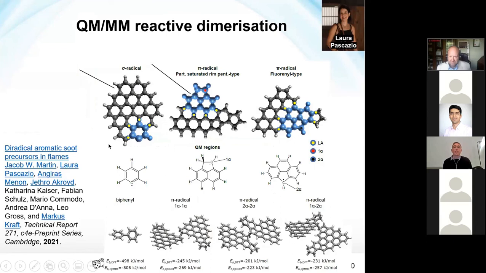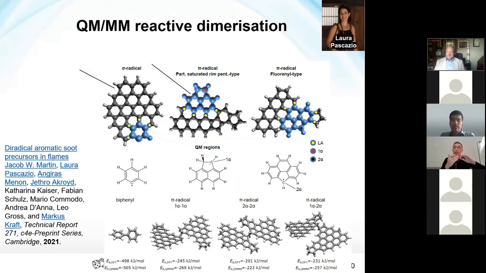So we've been able to look at how, as the molecule size increases, the fraction of collisions that leads to reaction increases for these pi diradicals, but not for sigma radicals. As the sigma radicals get larger, the fraction of reactive collisions decreases because it's just less likely that those reactive sites will collide and hit each other. So we do actually see a significant enhancement with size.